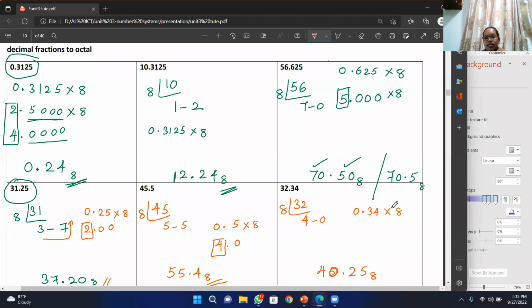We can't get the exact answer as 0, so you have to stop from the middle point. Then the 0.72 part only multiplied by 8, that is 25. Just 25 you can take. So the answer is 40.25. Yes.